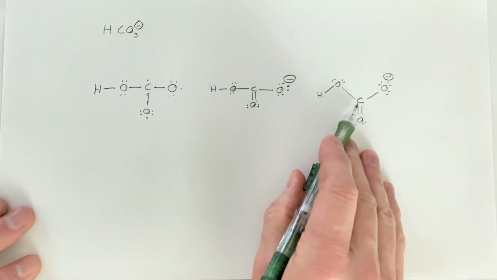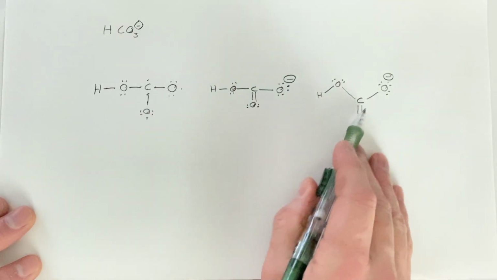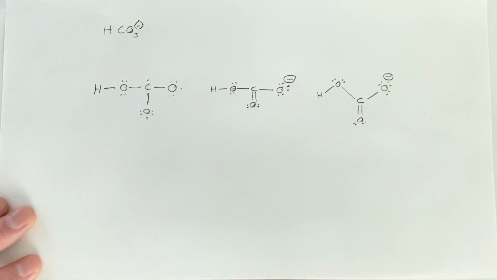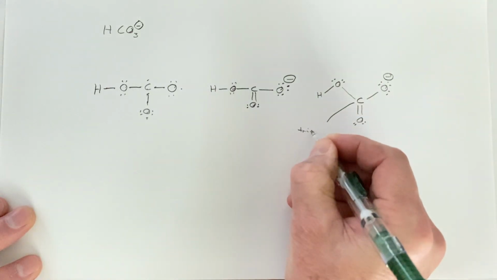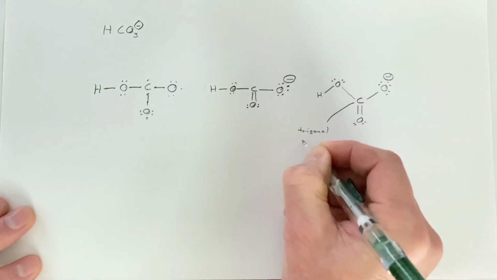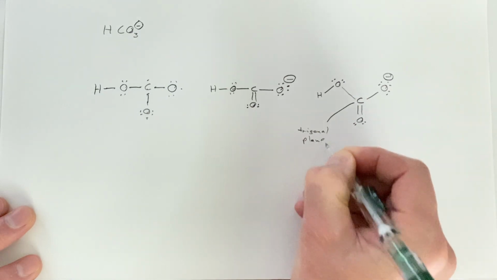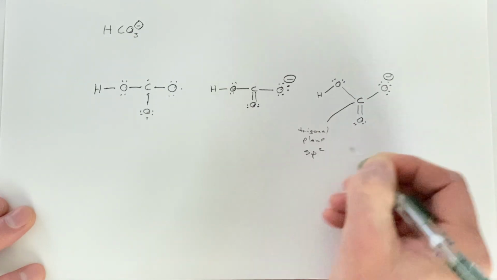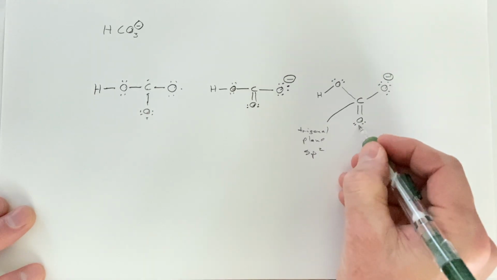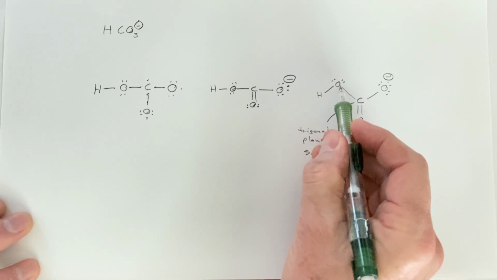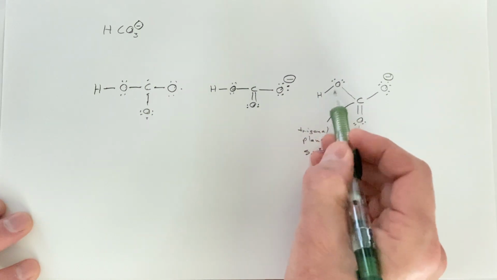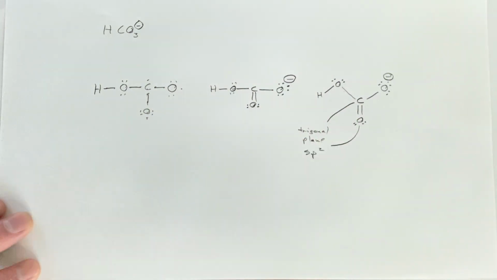Again, we look at the carbon atom here. We realize that it has a trigonal planar electron geometry, and therefore it is sp2 hybridized. We look at this oxygen atom and we see that it has 1, 2, 3, 4 hybrid orbitals.